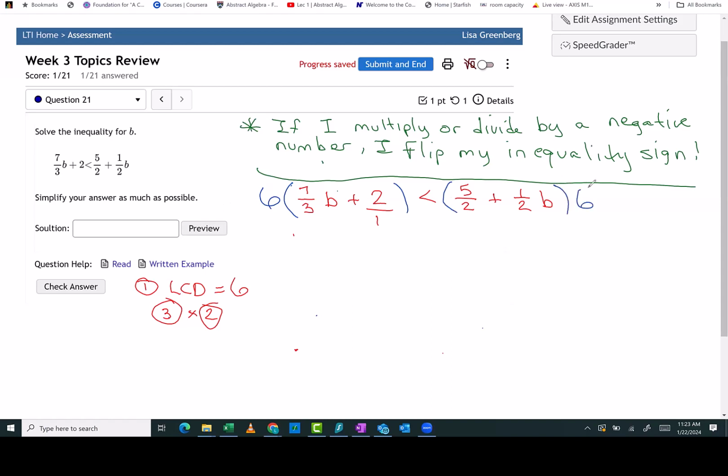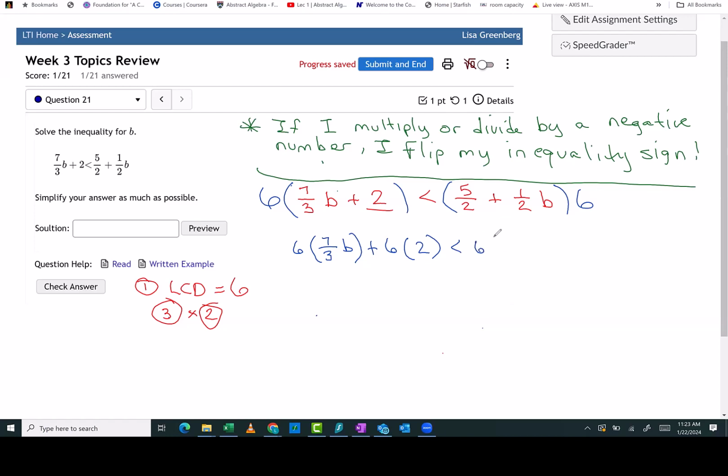Why would I do that? Well, this becomes 6 times 7/3 b plus 6 times 2. I'm distributing. I multiplied by a positive. I don't have to flip my inequality sign.